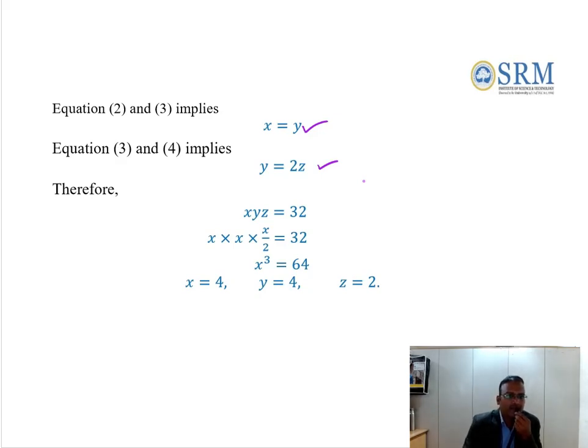Replacing x equal to y, and z equal to y by 2 or x by 2, we get x cube equal to 64. After solving this, we get x equal to 4, y equal to 4 and z equal to 2. This is the required dimensions.